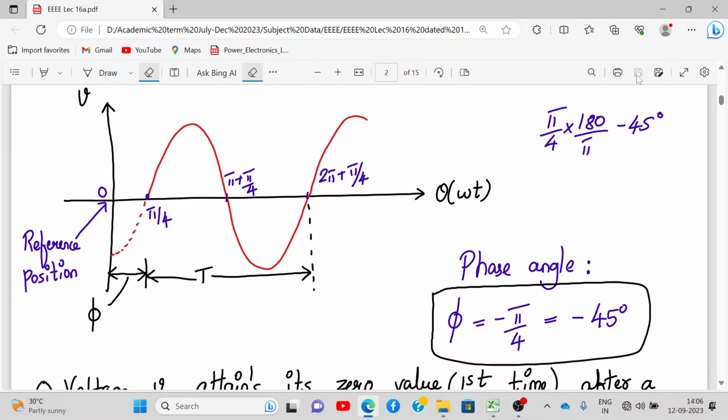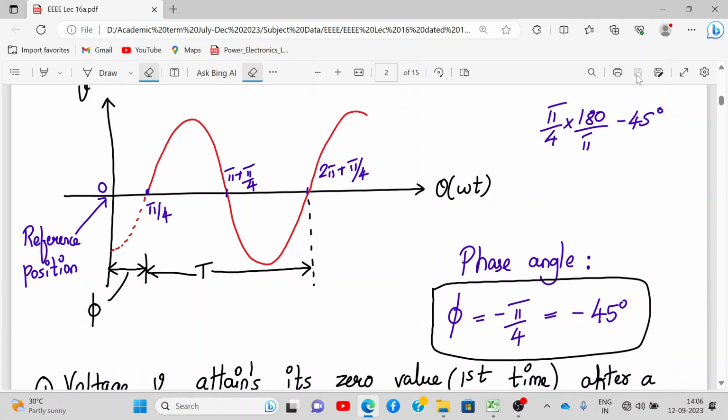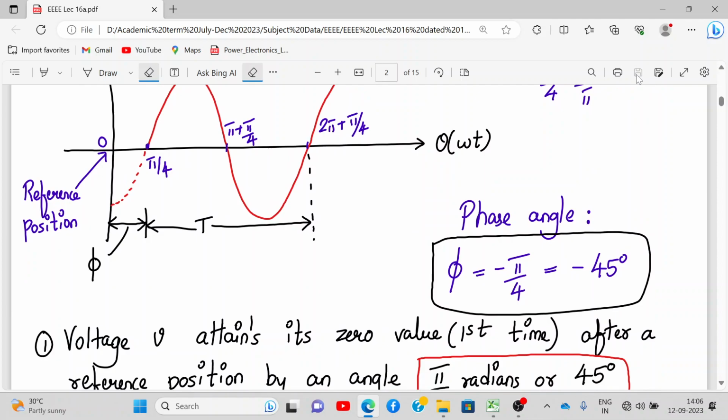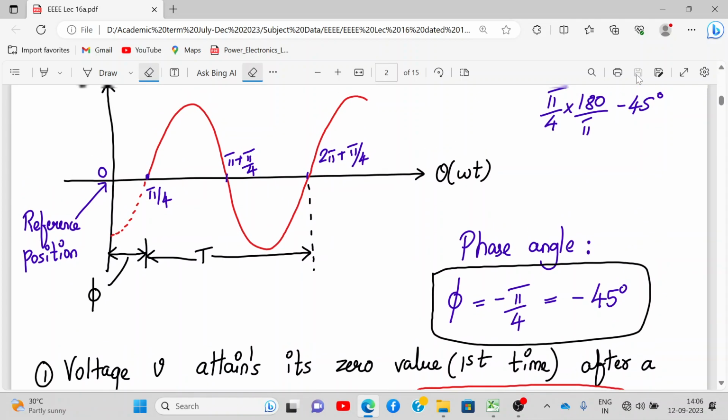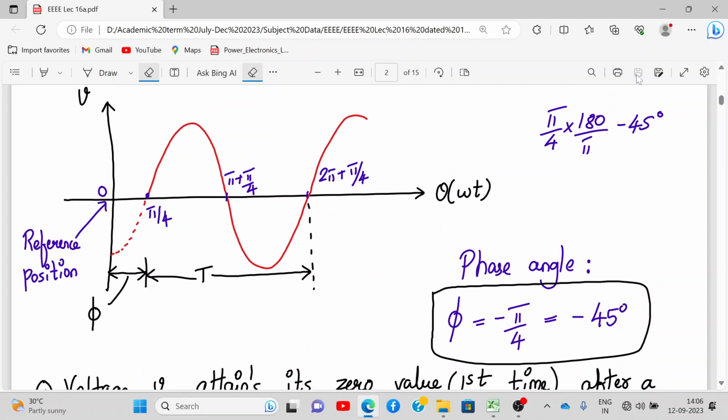Understood? We are learning AC, so we should learn all its properties: the phase angle, the magnitude, the RMS value, the peak value, the form factor, crest factor, all that we have done last time. So today the new thing is phase angle. Understood why it is minus 45? Okay. Drawn the waveforms?